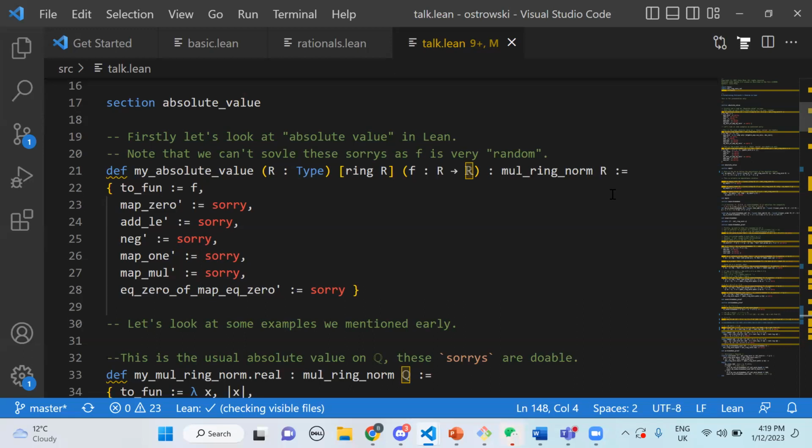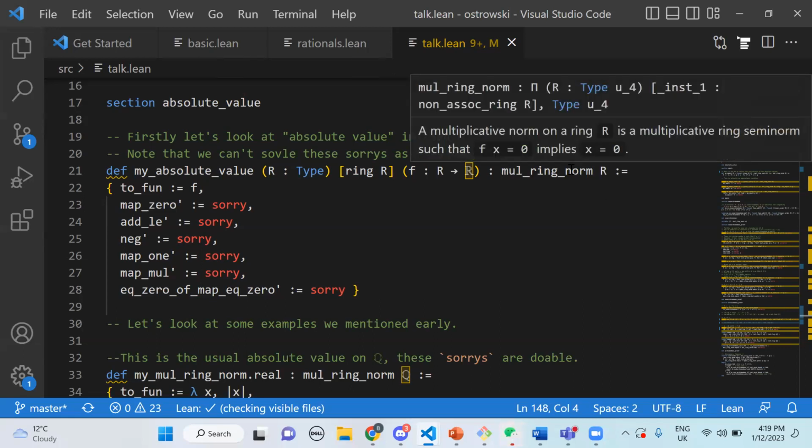And for any f from this ring to the real numbers, this is what it looks like at the math level of Lean. It's called a multiplicative ring norm, and if you put your mouse on that, you can see that a multiplicative norm on a ring is a multiplicative ring seminorm such that f x equals 0 implies x equals 0.